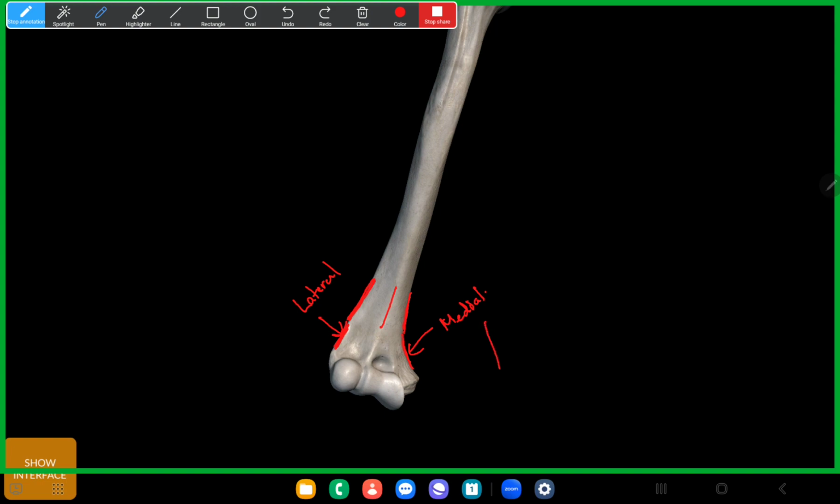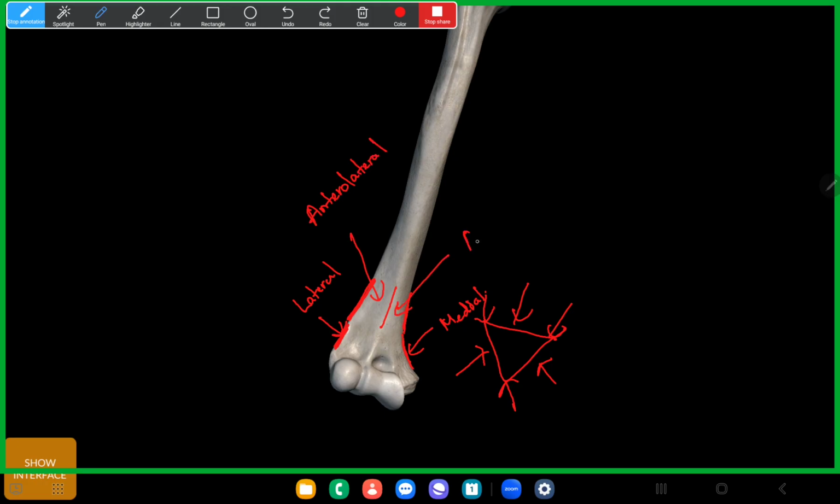Because of the three borders, there are three surfaces as well. This surface is the anterolateral surface.